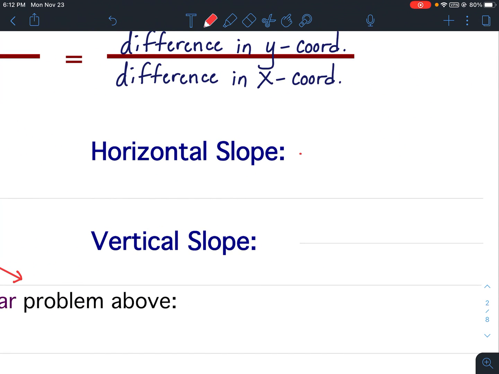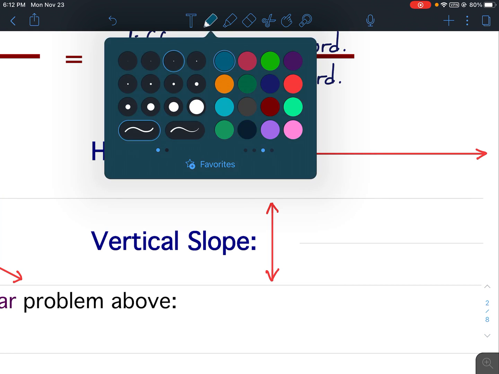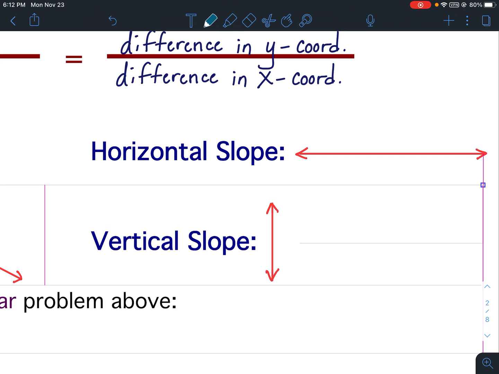Horizontal slope. Well, this would be a horizontal line. And this would be a vertical line. Right, a horizontal slope.